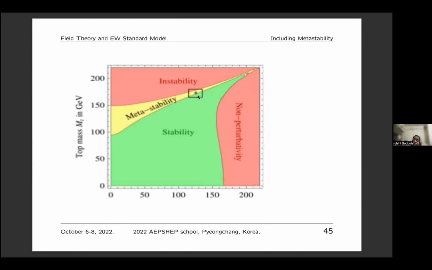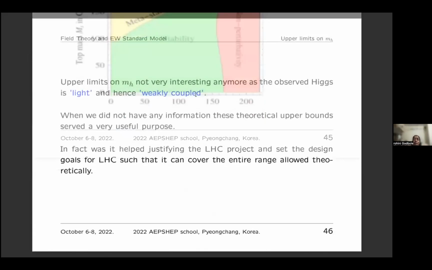So what we are seeing is that the measured value of the top mass and the measured value of the Higgs mass are lying right where they should lie if we want the universe to be stable. At this point the stability is up to almost the Planck scale, and that's a puzzle: why is this happening?